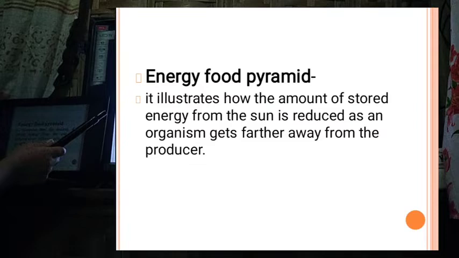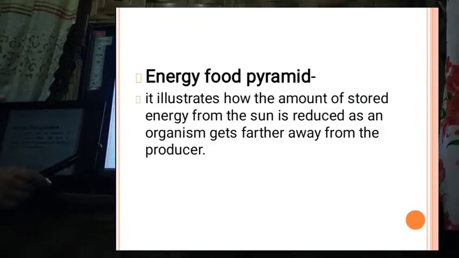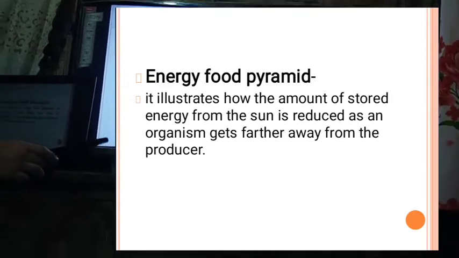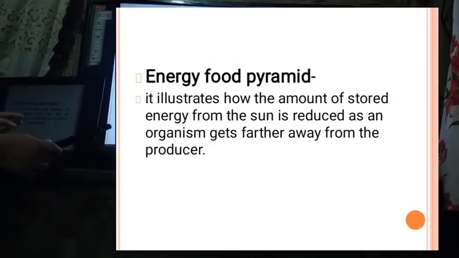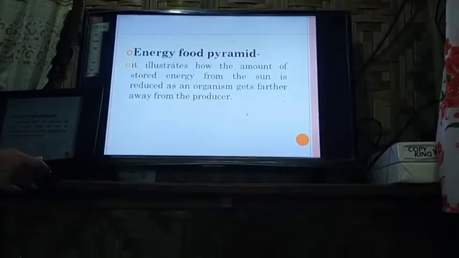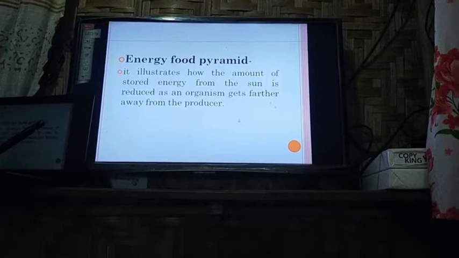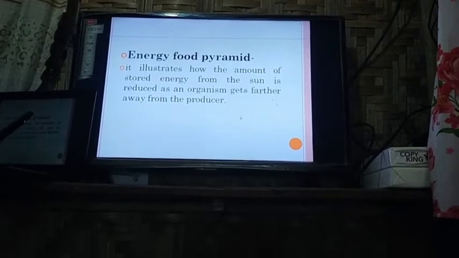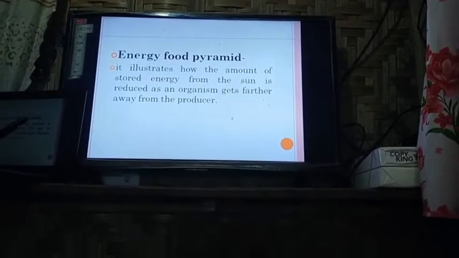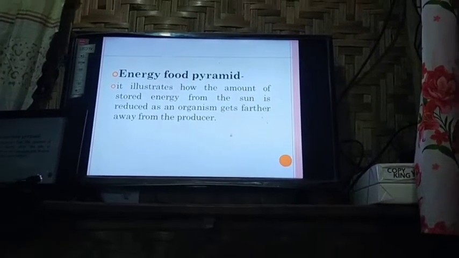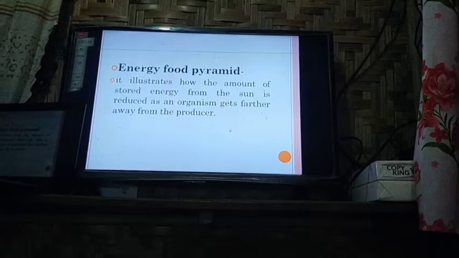The energy food pyramid illustrates how the amount of stored energy from the sun is reduced as an organism gets farther away from the producer. So, energy pyramid can also be called a trophic pyramid or an ecological pyramid. So guys, we have an example of energy pyramid here.